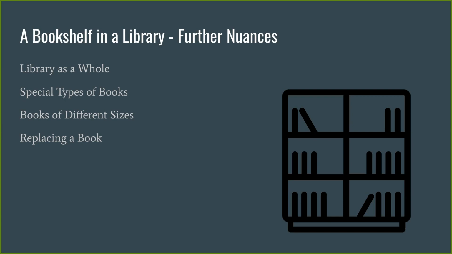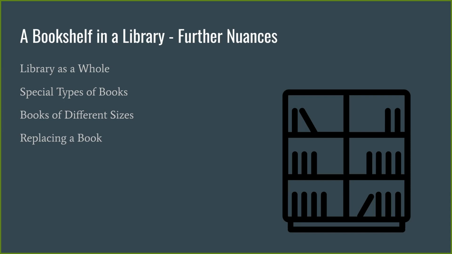And special types of books, you can think of these as specialized arrays. Just similar to how reference books might be stored differently for quick access, in programming, there are specialized arrays.